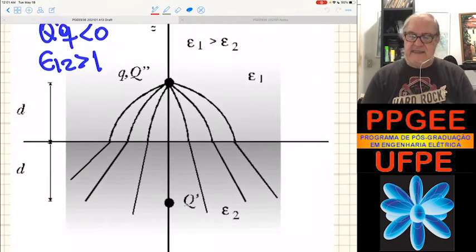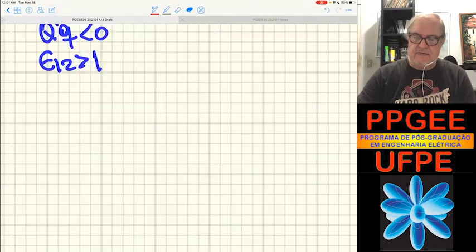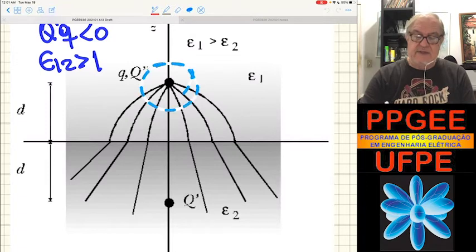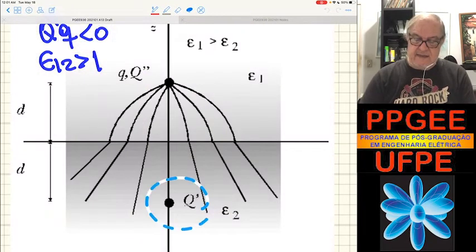Okay, this is for epsilon 1 larger than epsilon 2. It means that in the upper region, the q prime charge is negative.